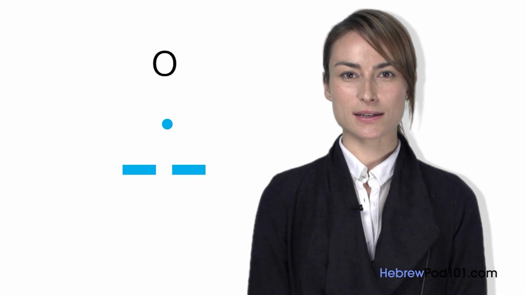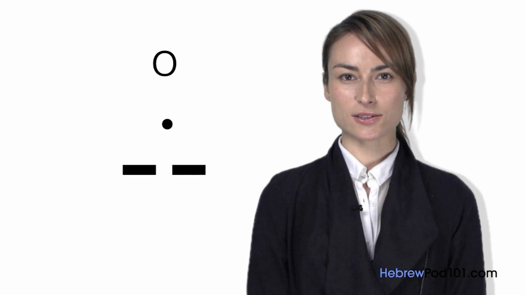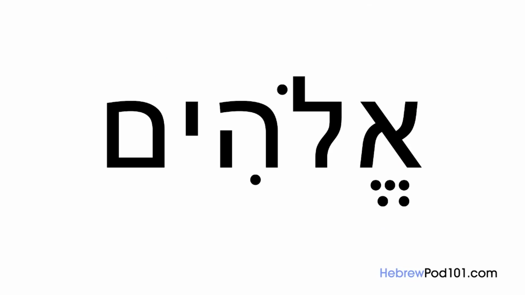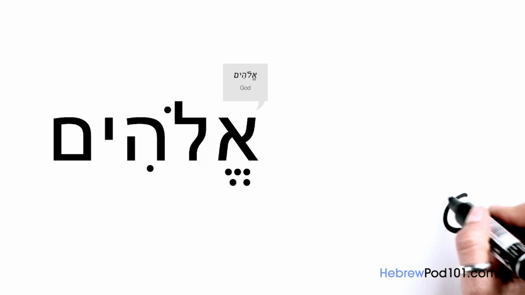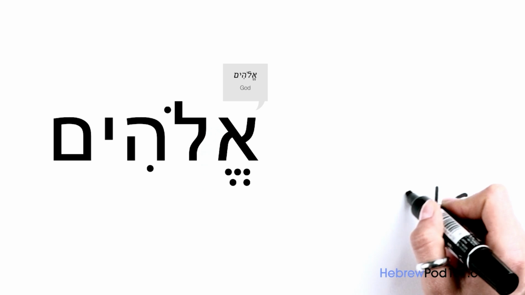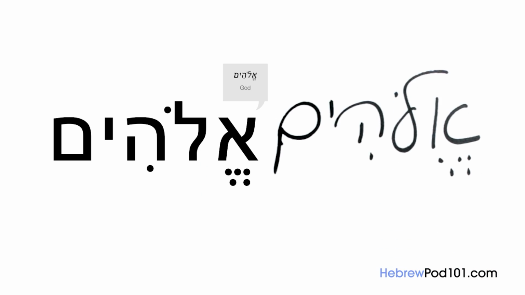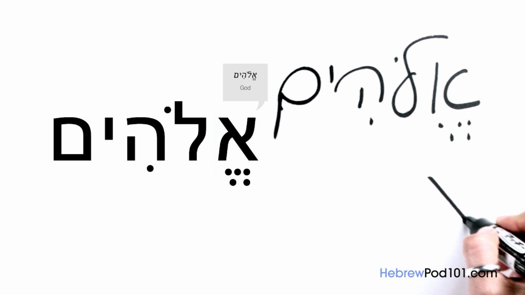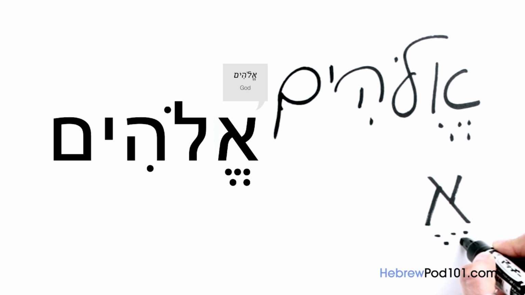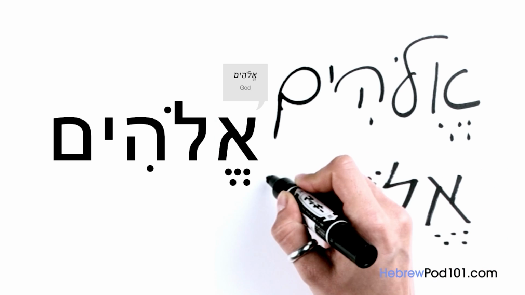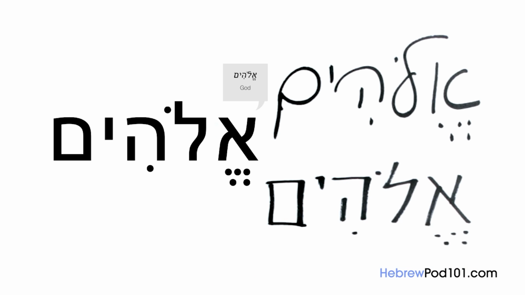However, cholam chaser is only the dot on the upper left side of the letter and indicates an O sound, like in Elohim, which means God in Hebrew. And in print, Elohim.